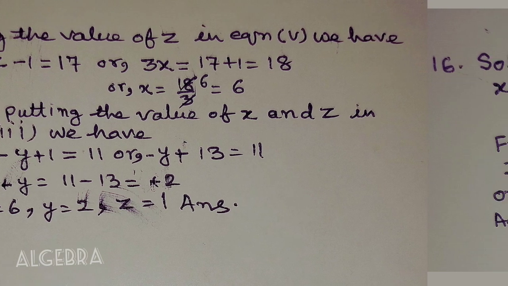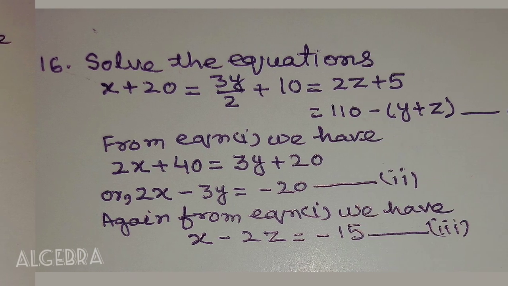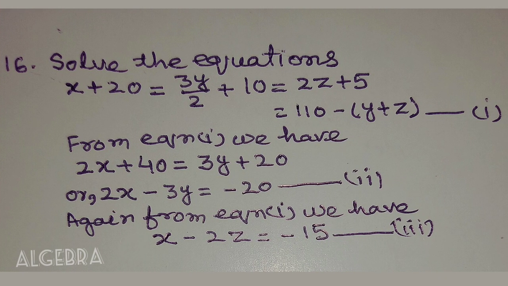Answer. 16. Solve the equations. x plus 20 is equal to 3y by 2 plus 10 is equal to 2z plus 5 is equal to 110 minus y plus z. Equation 1. From equation 1, we have 2x plus 40 is equal to 3y plus 20, or 2x minus 3y is equal to minus 20, equation 2.